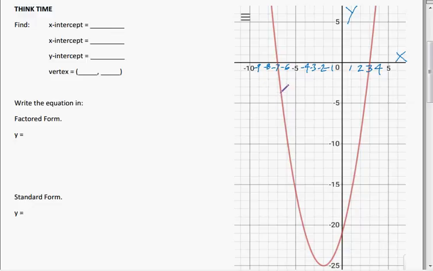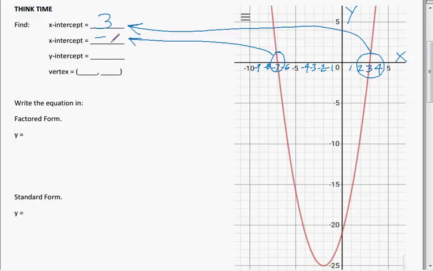X-intercepts are where the line crosses the x-axis. So my first x-intercept is 3, because it crosses at 3. My second x-intercept crosses at negative 7. The y-intercept, x-intercepts cross the x-axis, the y-intercept crosses the y-axis.